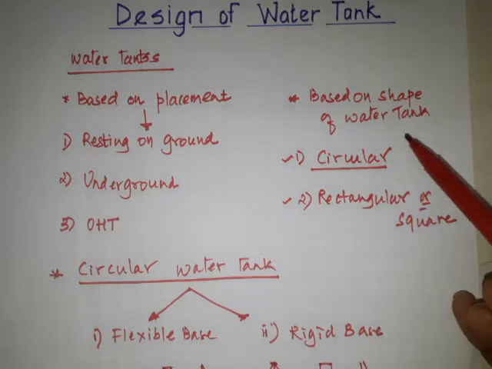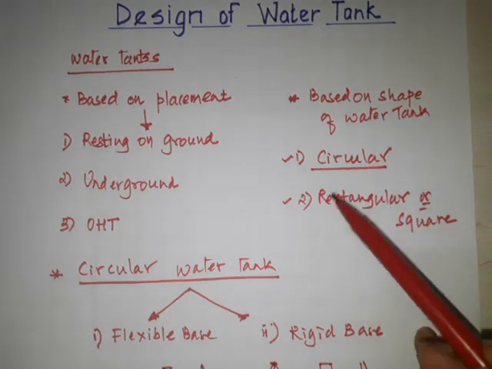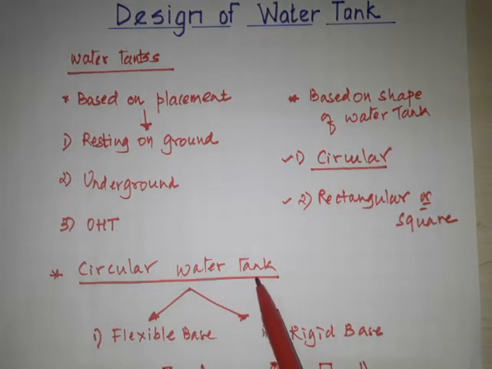So based on the shape, we have the circular water tank and the rectangular water tank. We are going to discuss the circular water tank. Again, the circular water tank divides into two combinations, flexible base or rigid base.